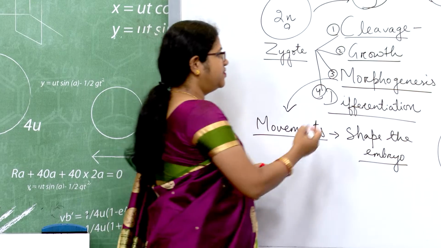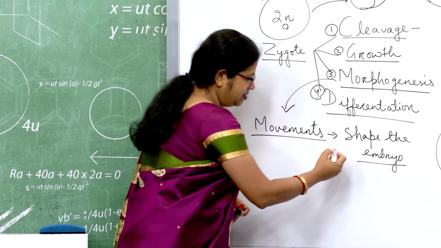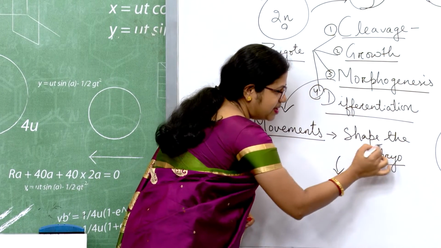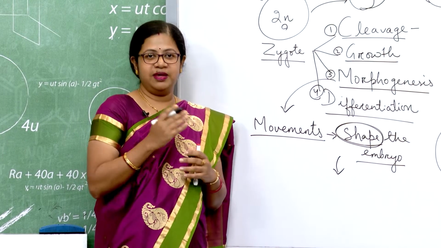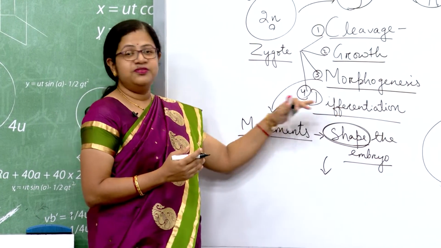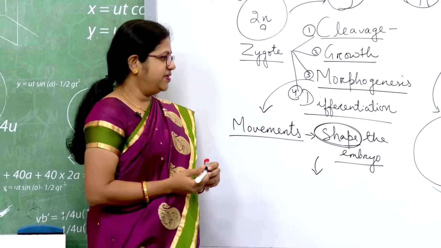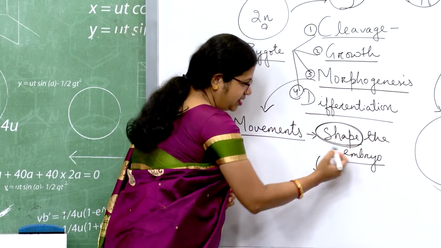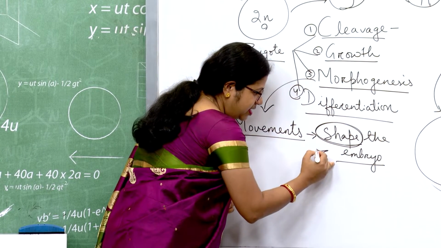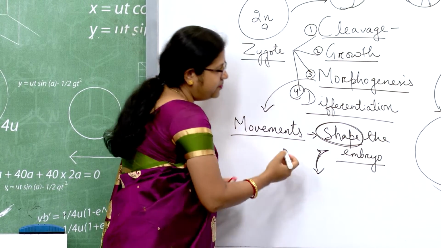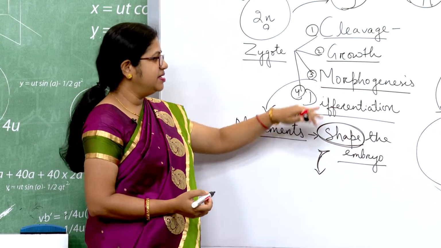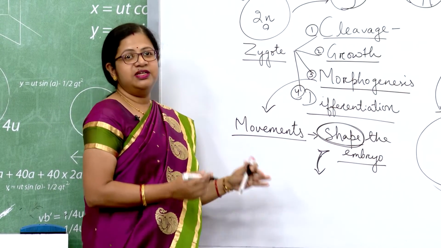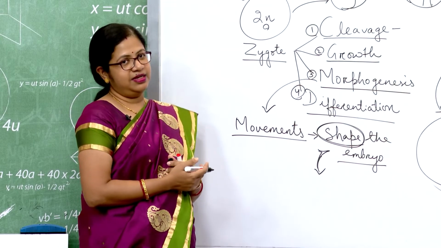After morphogenesis, what will happen? After morphogenesis our embryo has attained a definite shape. Now once we have a definite shape, next comes the functional aspect. In differentiation, the particular fixed orientation or shape of the embryo that has been attained by morphogenetic movements will now differentiate into different functional categories.